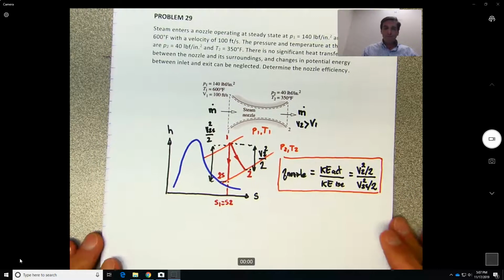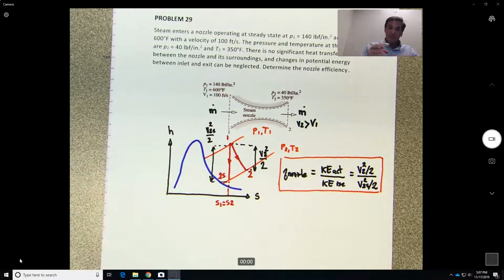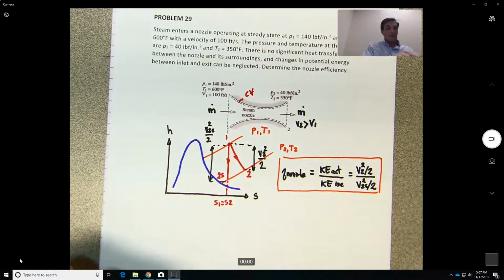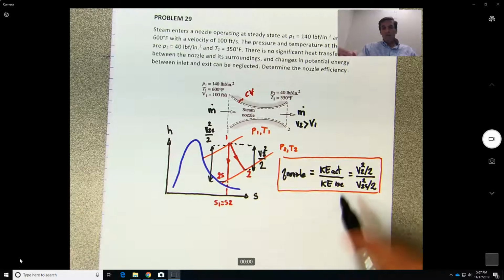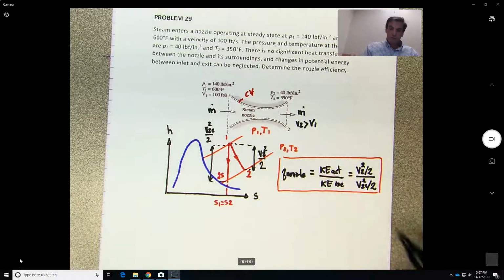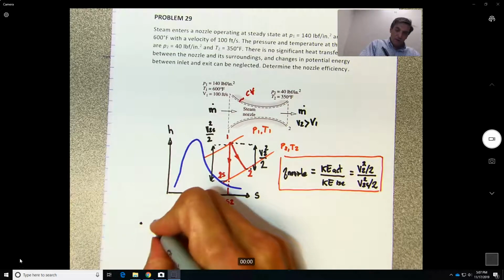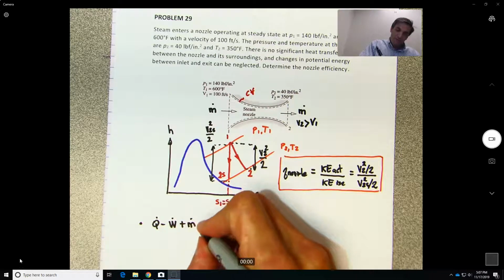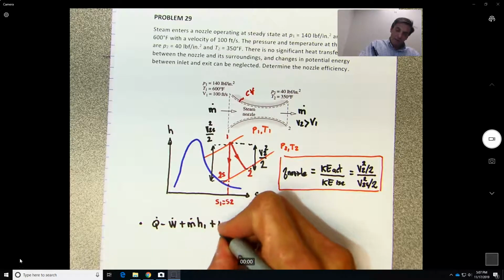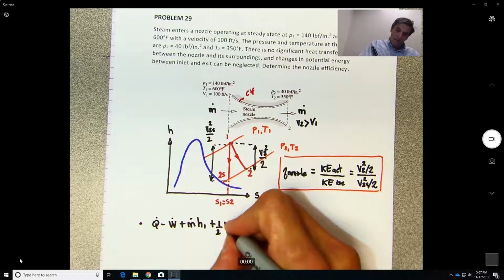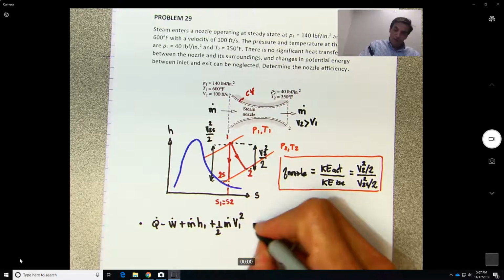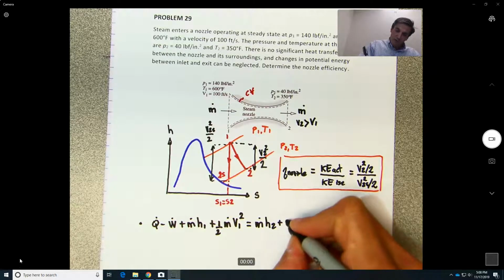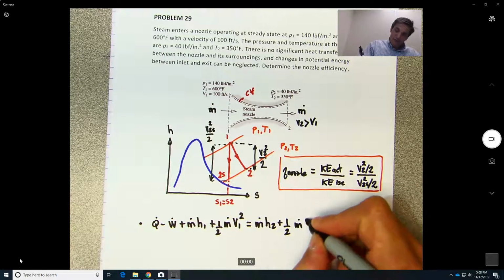Alright. So the other equation we need, that I said before, is that if this is our control volume, and we write down the first law of thermodynamics for this control volume, what do we have? It will be Q dot minus power plus m dot H1 plus 1/2 m dot V1 squared equal to m dot H2 plus 1/2 m dot V2 squared.